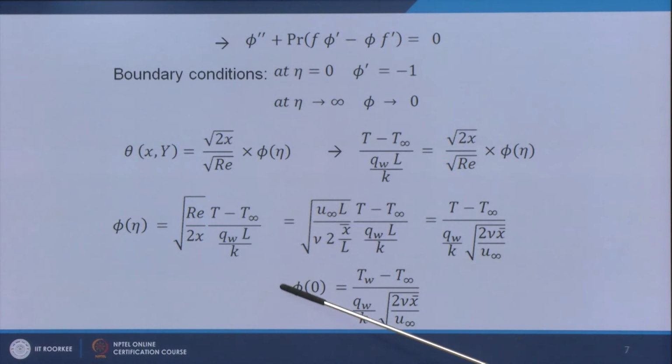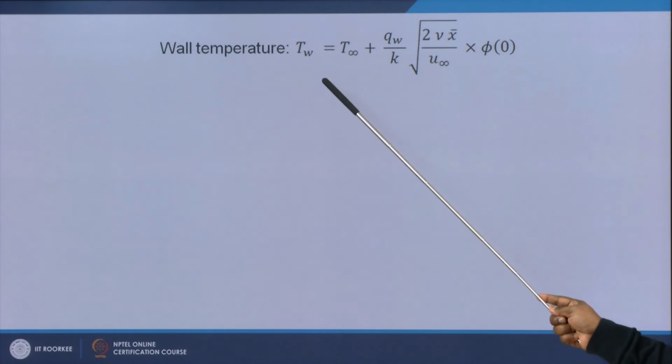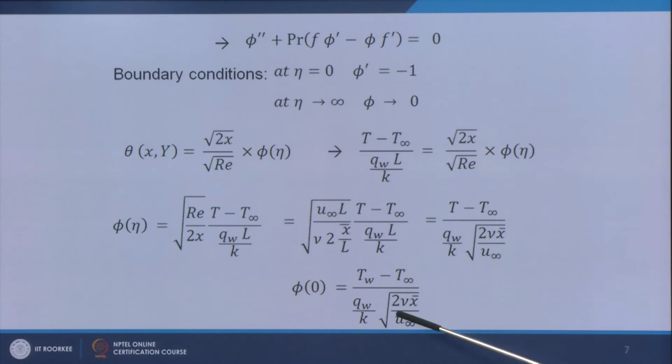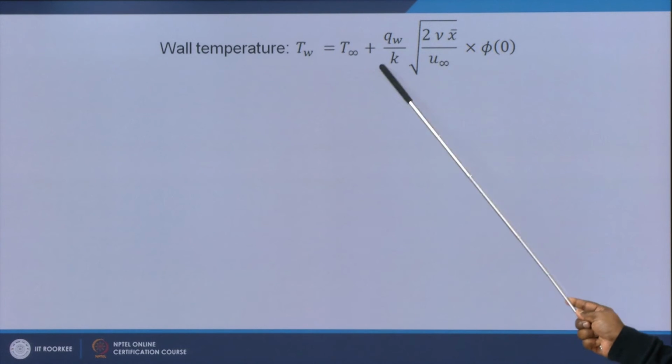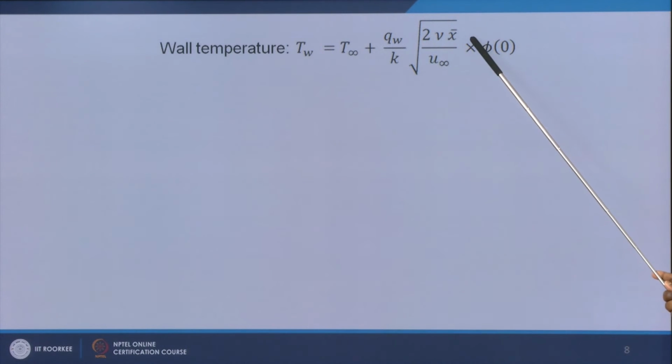Because we want to find out the value of Tw, since in this case, wherever we have constant heat flux, the wall temperature is unknown. So from here we will try to get the value of the wall temperature. If you do the side changing and a little bit of simplification of the previous equation, the wall temperature can be written as T infinity plus Qw by k root over of 2 nu x bar by U infinity into phi 0.